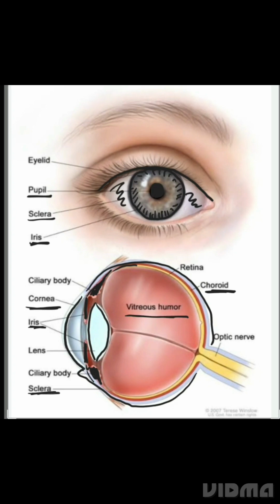Behind the lens there is a gel called the vitreous humor, and anteriorly, over here, the eyeball is filled with aqueous humor. From the eyeball exits a nerve, and what is that nerve called? The optic nerve. So these are the structures of the eyeball.